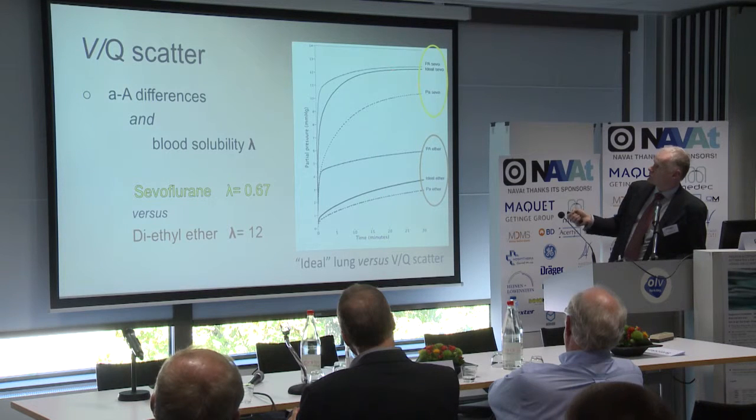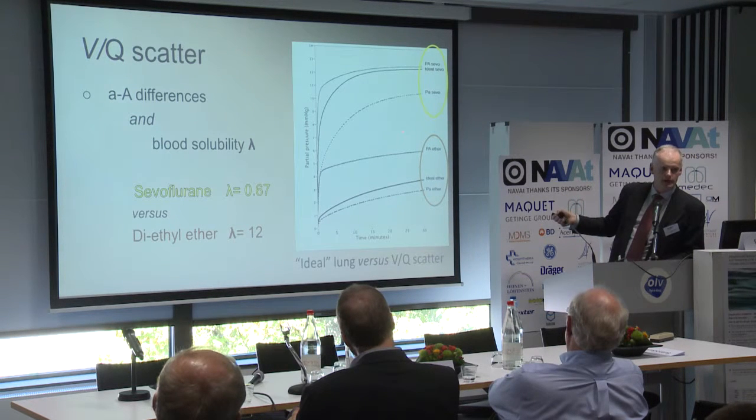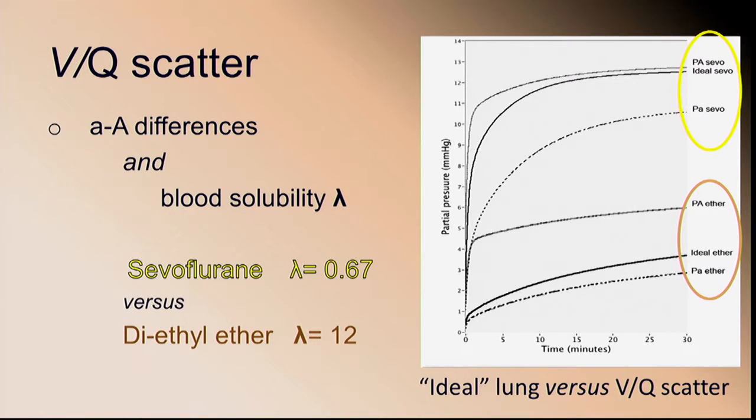And what this diagram shows is the divergence in partial pressures that you get with increased VQ scatter. So this line here for sevoflurane is an ideal lung with no VQ scatter, and then these two lines are the alveolar and the arterial partial pressures you would get if there was significant VQ scatter happening. So that's what happens to sevoflurane, that's what happens to ether in the presence of VQ scatter. You get that divergence away from the ideal line.